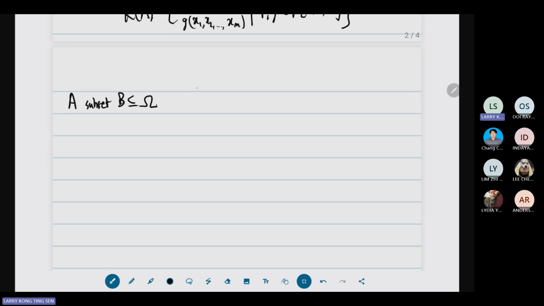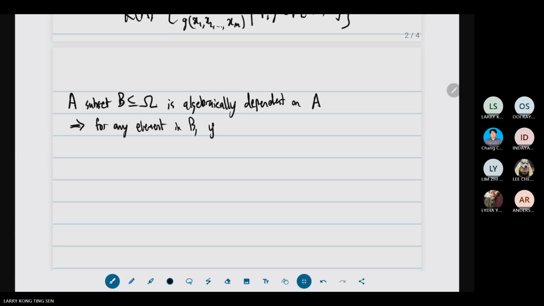So a subset B of omega is algebraically dependent on A if for any element y in B, y is algebraic over K(A).